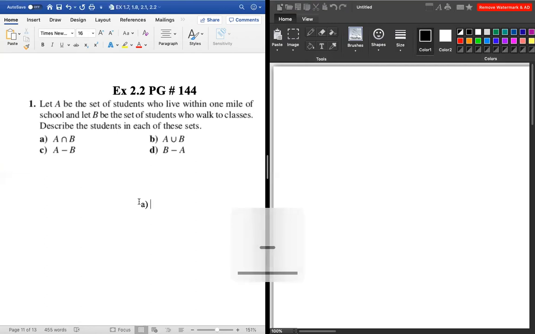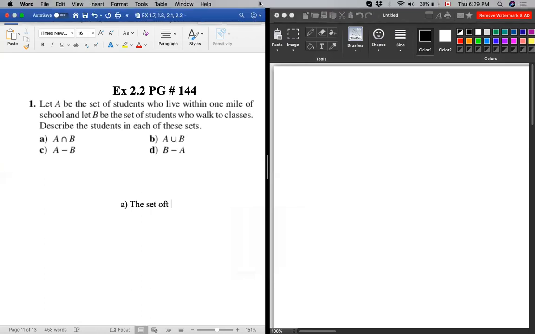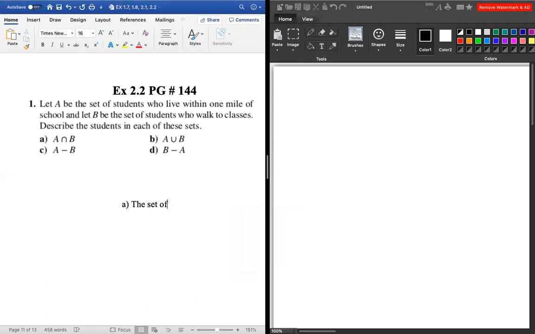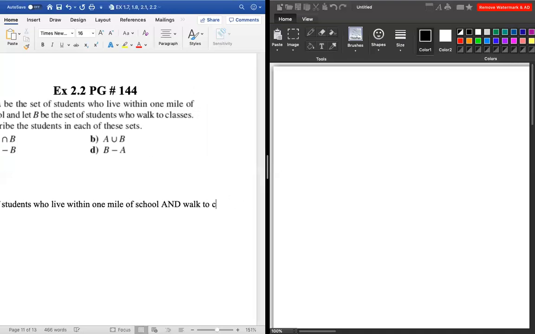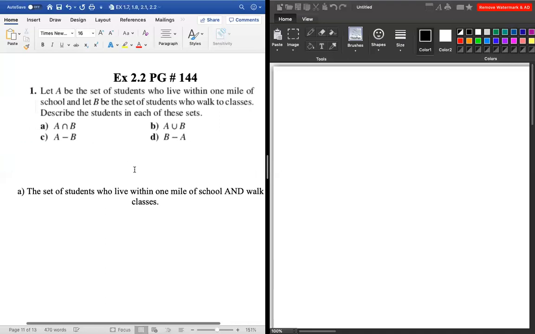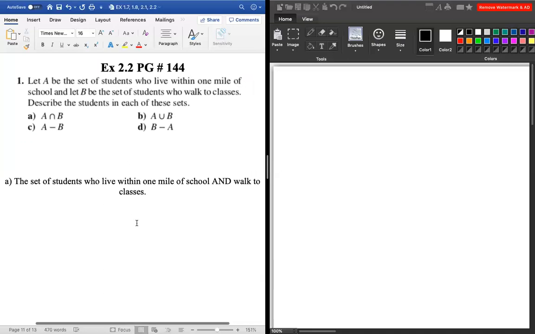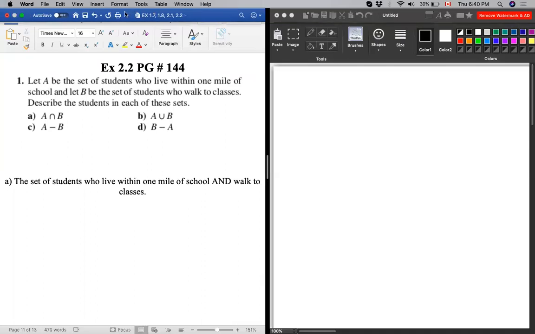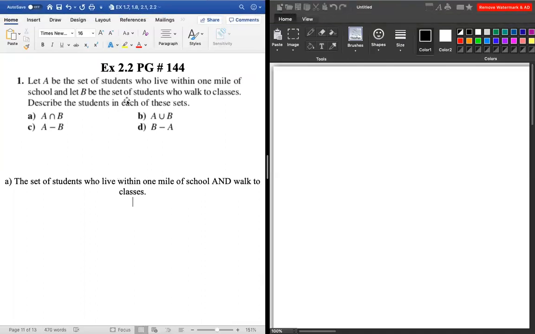The result of A intersection B will be the set of students who live within 1 mile of school and, right, so this is a keyword here, and walk to classes. Okay. So this is the description for this set.